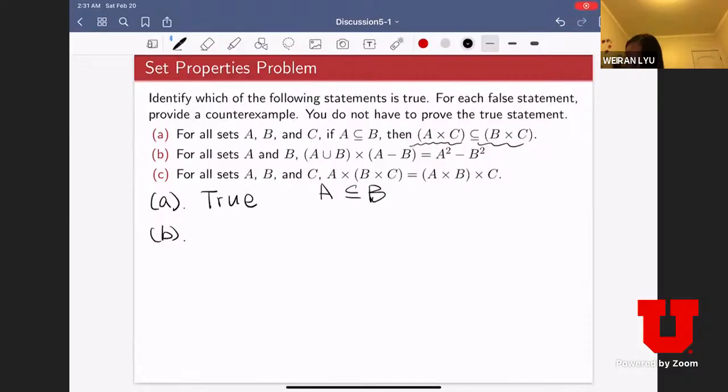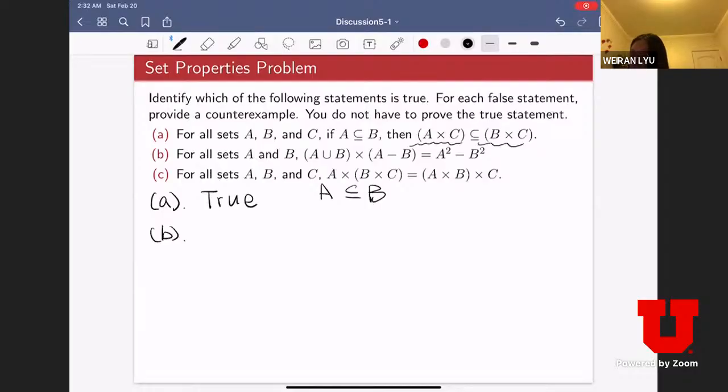All right, and what about part B? If you think it is false, you can start with a small counterexample.